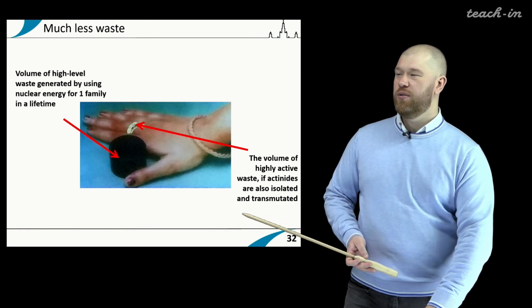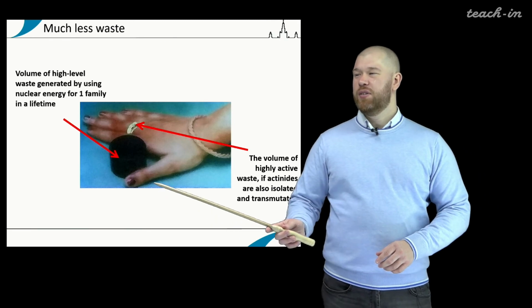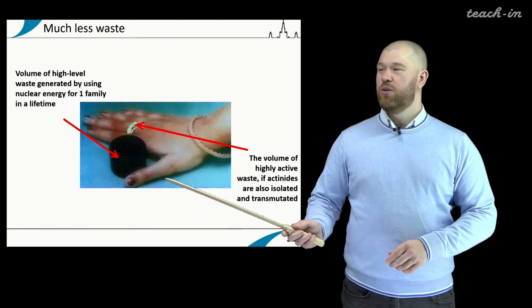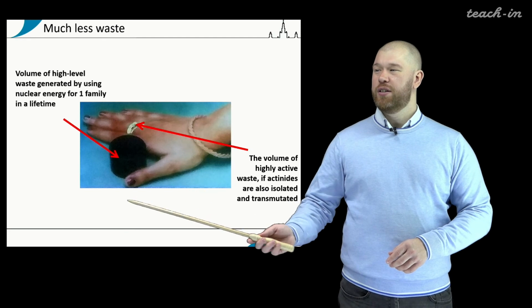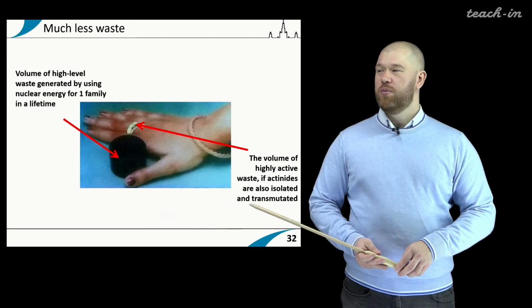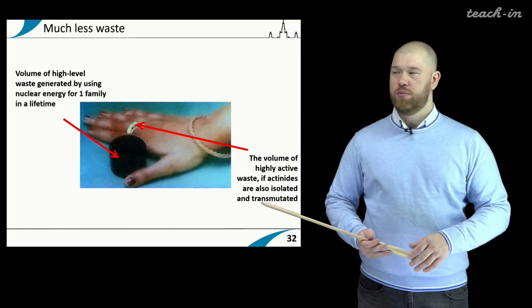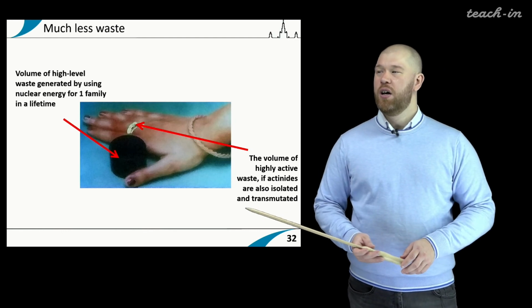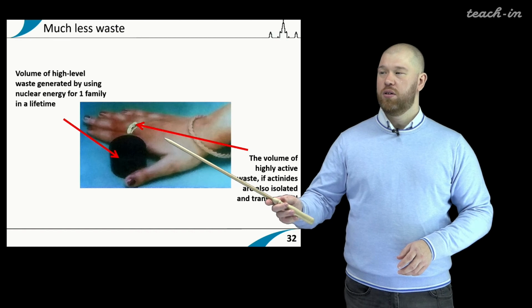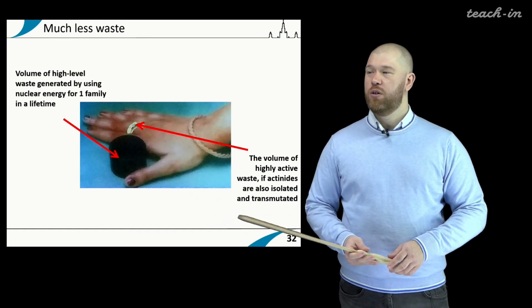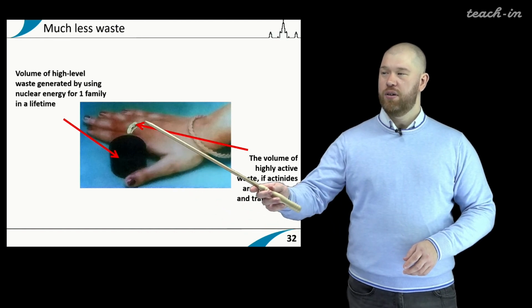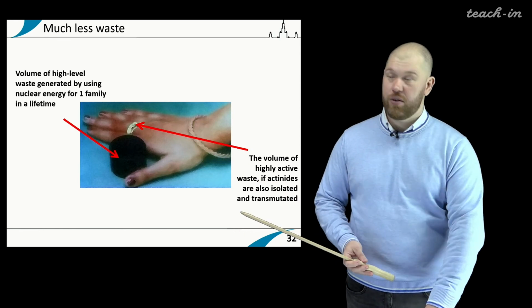So in this photo, it's just a comparison of the radioactive waste that is formed by a modern nuclear power plant, without reprocessing of spent nuclear fuel, and with the reprocessing of spent nuclear fuel.